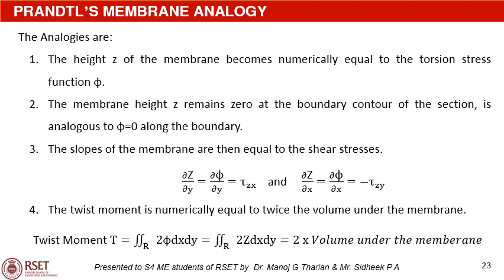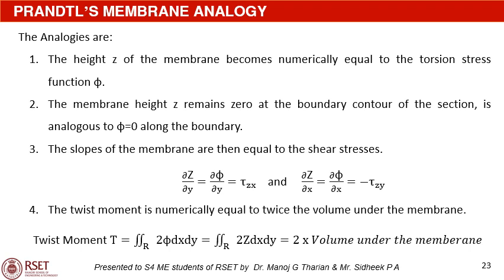And the third analogy is the slope of the membrane are equal to the shear stresses tau Zx and tau Zy. That is, del Z by del Y equal to del phi by del Y, which is equal to tau Zx, and del Z by del X is equal to del phi by del X, which is equal to minus tau Zy. Finally, the twist moment is numerically equal to twice the volume under the membrane.